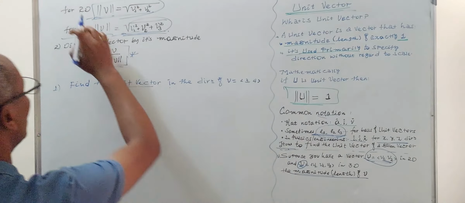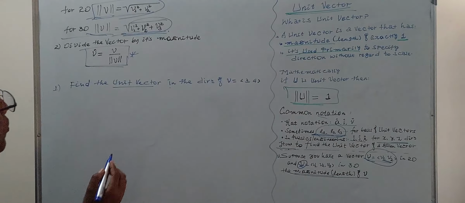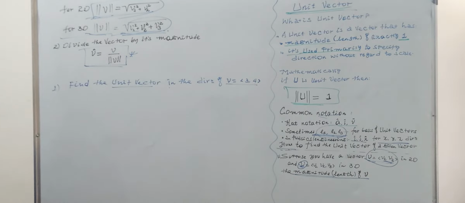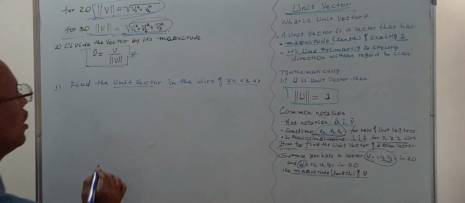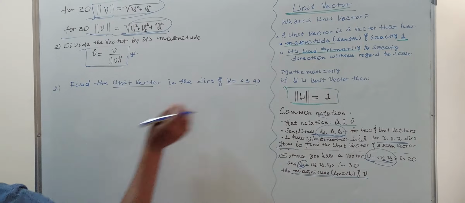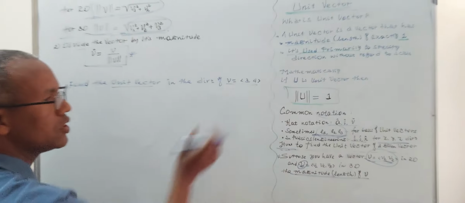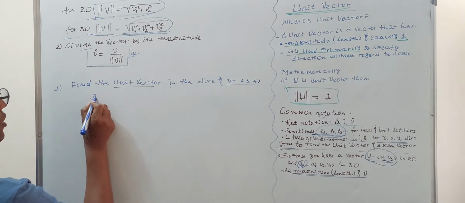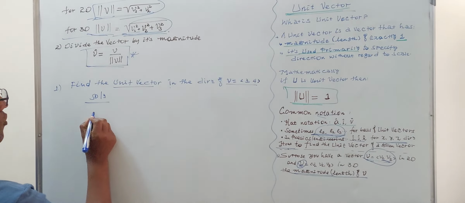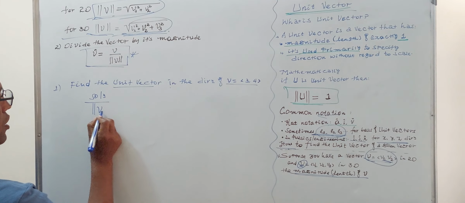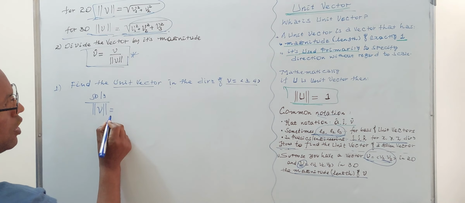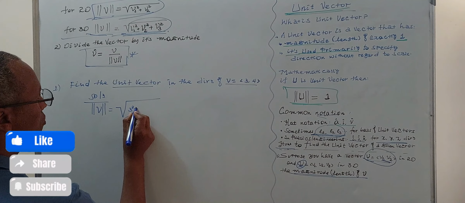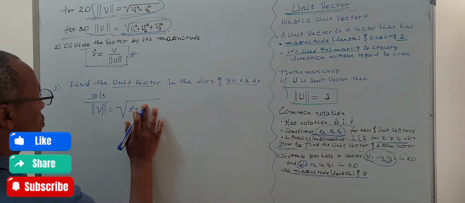just follow the first step as well as the second step. So what we need to do is find out the magnitude. As I said, we have a vector v. To find out the magnitude, the magnitude of v, let's say this is the solution, is equal to the square root of 3 square plus 4 square, right?